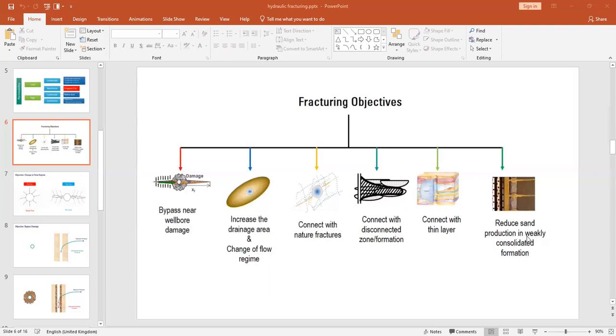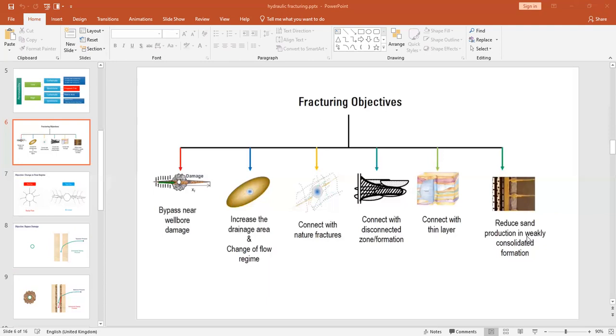Then you can also do that to reduce sand production. Sand production is when, during drawdown, fluid is flowing within the reservoir into the borehole. At times, if the flow rate is very high, it carries sand particles together with it into the well bore, and definitely those sand particles can destroy some of the downhole equipment.